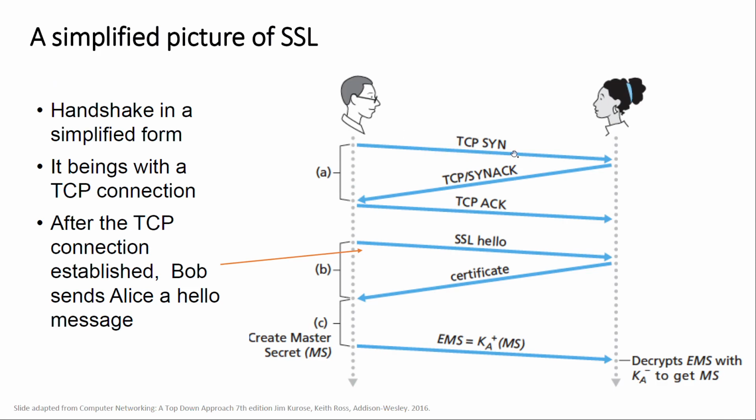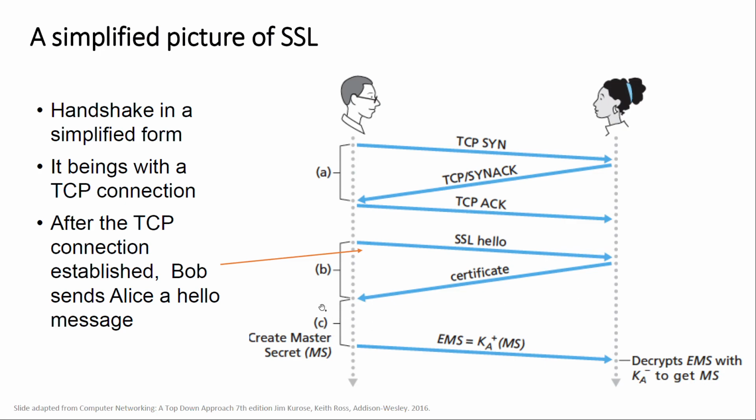So Bob sends TCP SYN and receives SYNACK and sends ACK. At this point the TCP connection is established. Then, after the TCP connection is established, Bob sends Alice a hello message, but this is an SSL hello. If the server supports SSL, it sends its certificate back.